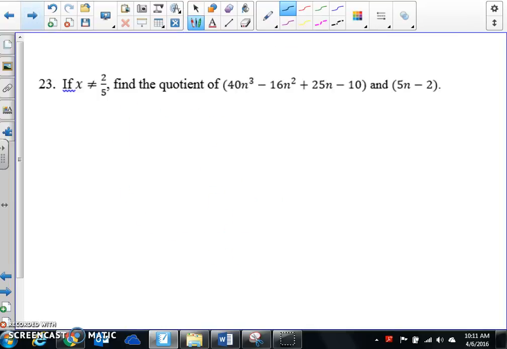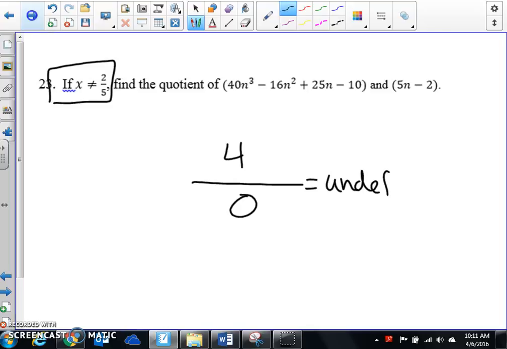All right, so people get freaked out because of this. The only reason that this is important is because remember, we cannot have 0 in the denominator. Anything over 0, like 4 over 0, is undefined. So if you're looking at, let me erase that real quick.